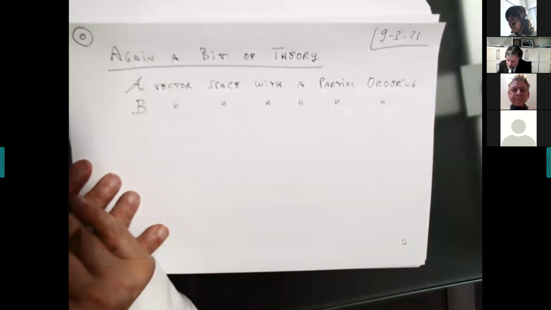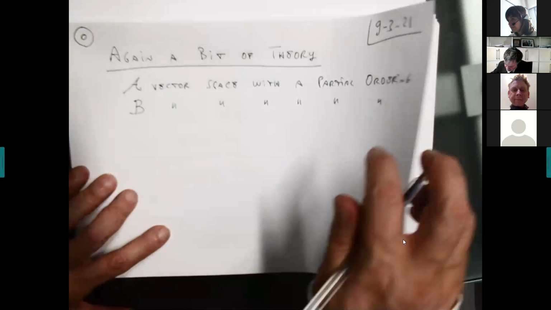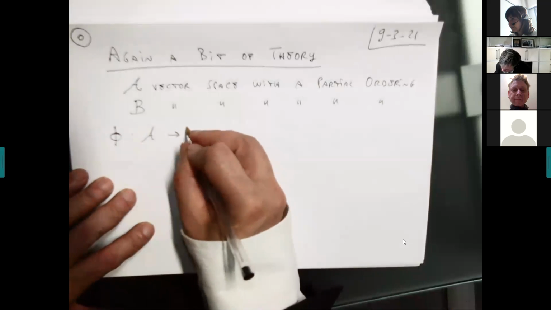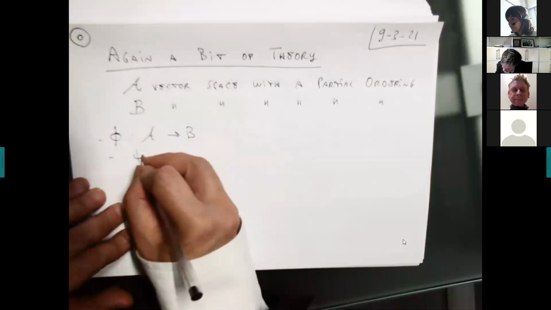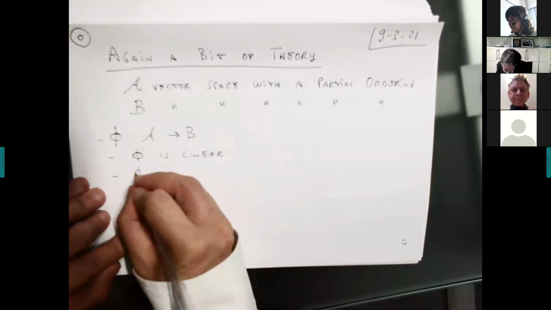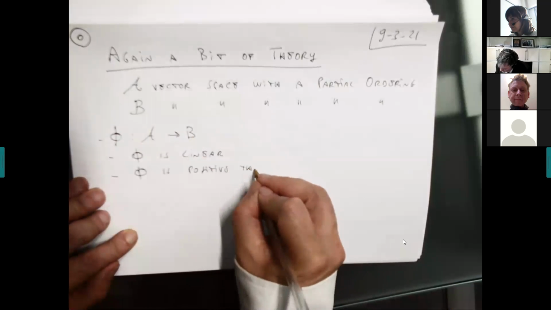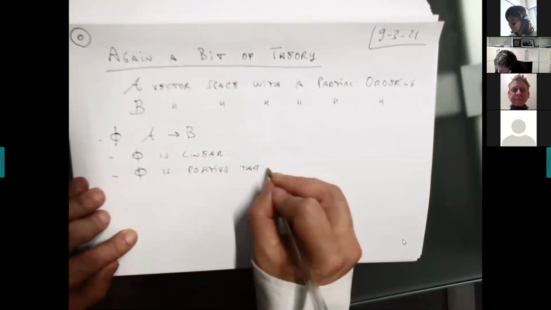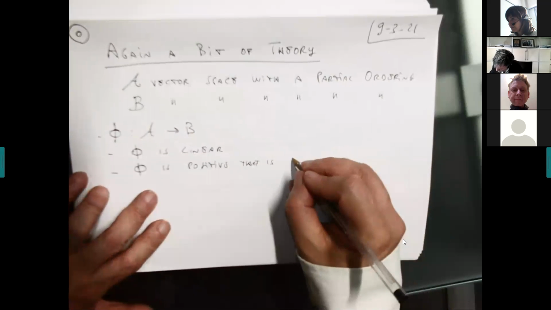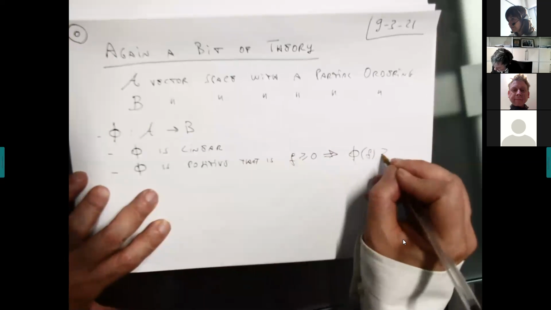Of course, these two vector spaces can be different, so also the partial ordering can be different. So if you have phi from A to B such that phi is linear and phi is positive, that is, f larger than 0 implies phi of f larger than 0.